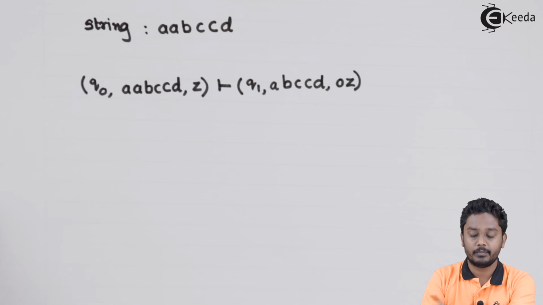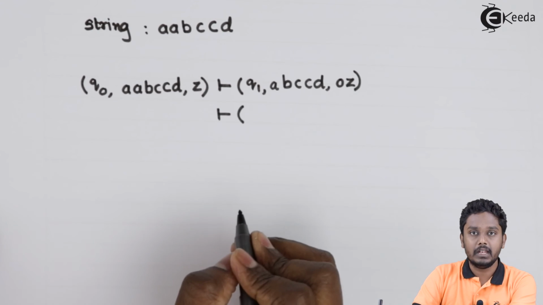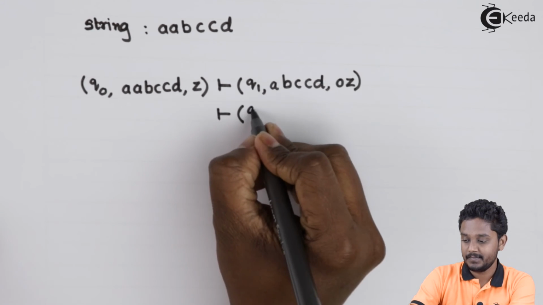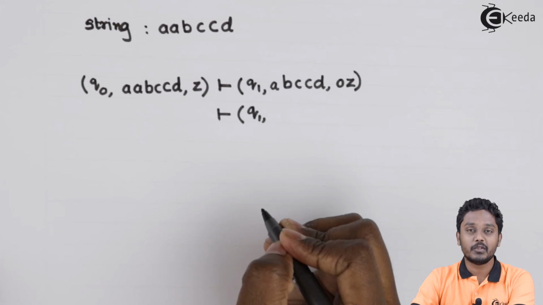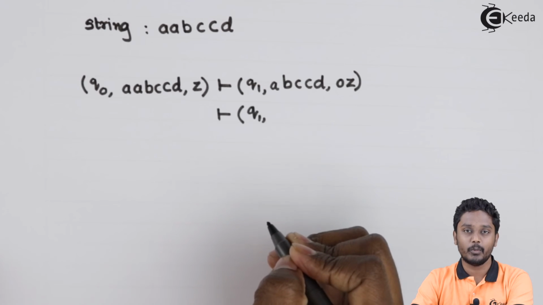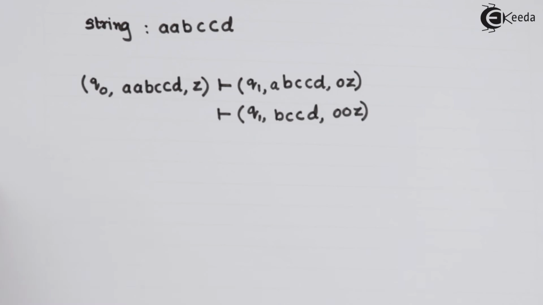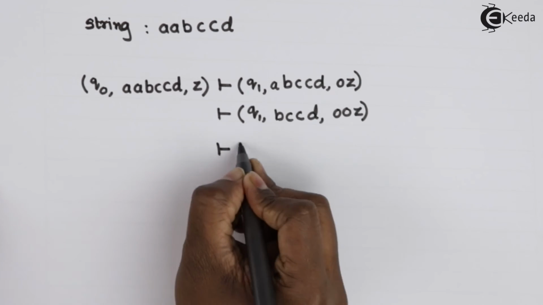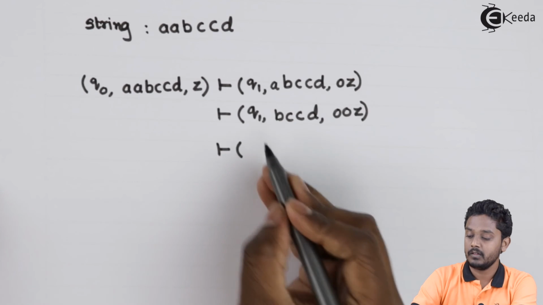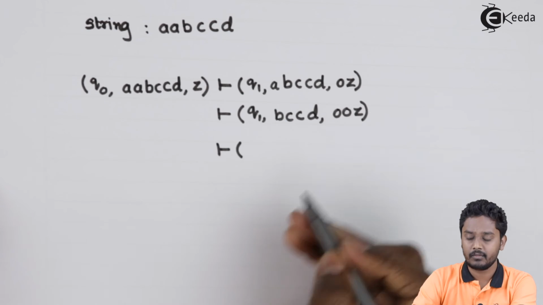Let's see the next transition. Again, it will be Q1. As we have already visited A, the string which is left would be B followed by CC followed by D. Due to the second A, one more 0 is pushed onto the stack, so the stack content would be 0, 0, Z. Next transition would be Q1 on B with 0 as the top of the stack.